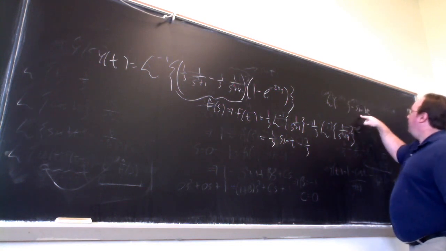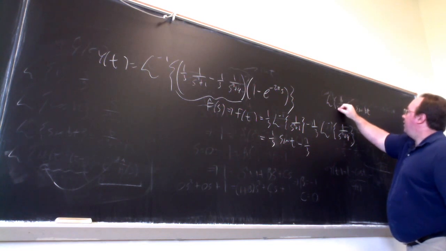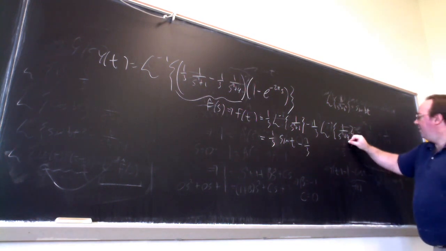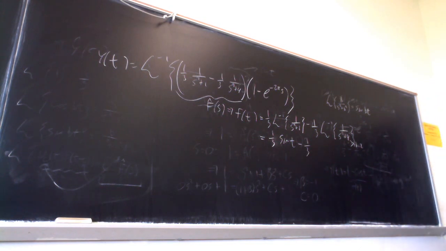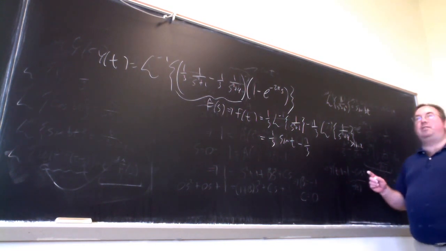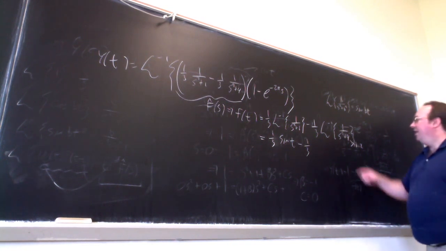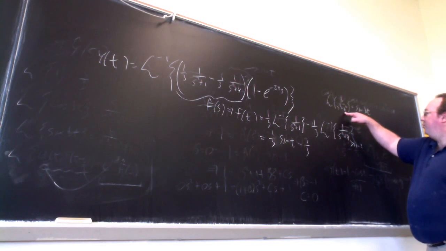This rule, sine bt, is b over s squared plus b squared. Now, you can tell from the denominator that b is definitely 2, but you don't have the right numerator. So how do you compensate for that? Multiply by 1/2. Yeah. A good way to look at it to reduce the possibility of mistakes is you need a 2 there for this rule to apply.